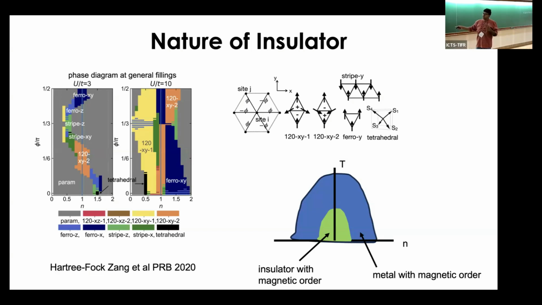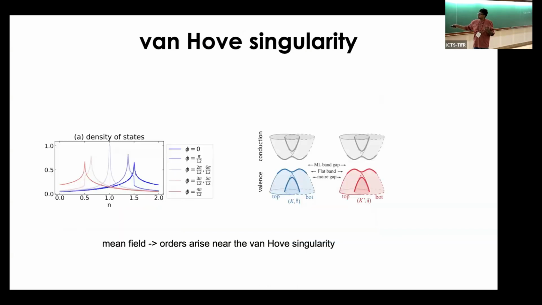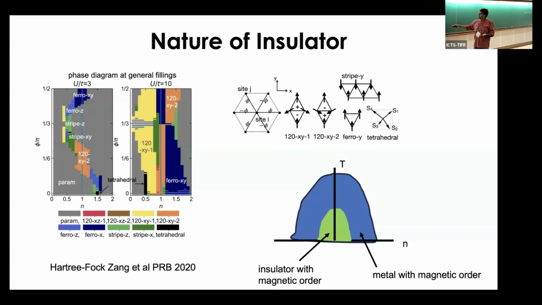What Andy said, and this basic point is something that I want to reiterate, is if you look generically, you will find that there are many different types of broken symmetry phases that are possible in this system. And in general, this is always true because there is a Van Hove singularity in the system. And whenever you're close to a Van Hove singularity, in Hartree-Fock theory, you'll very often find these kinds of broken symmetry phases.